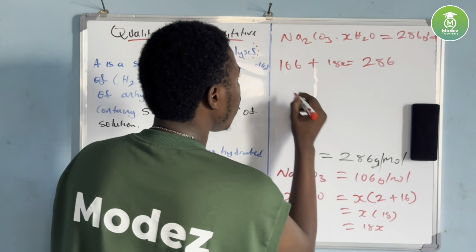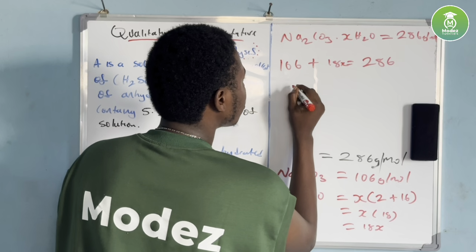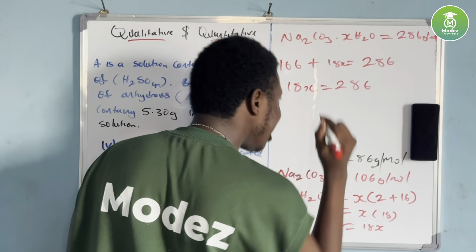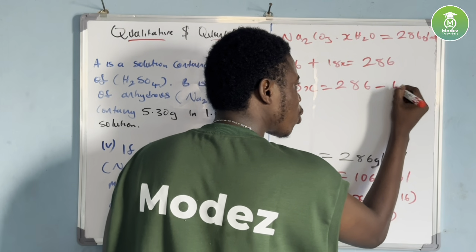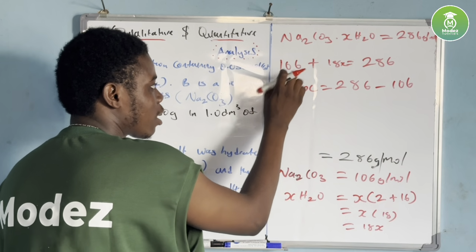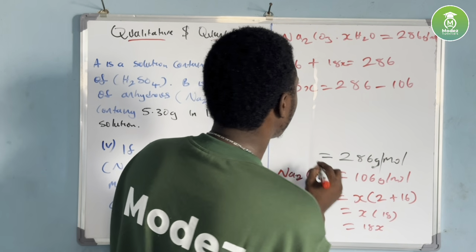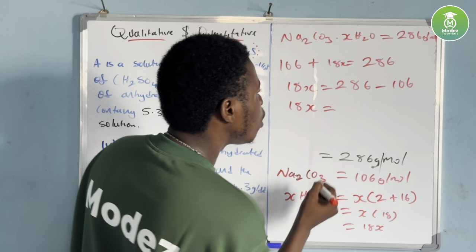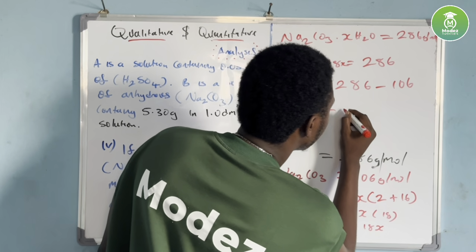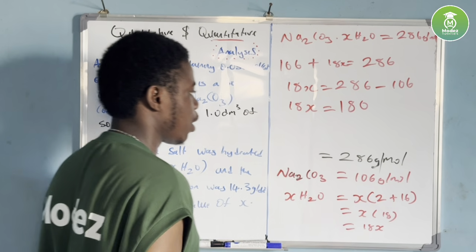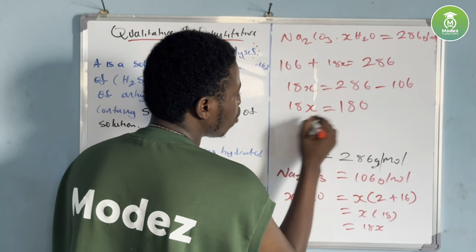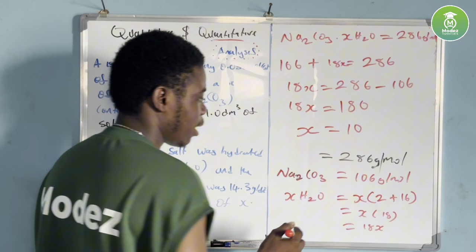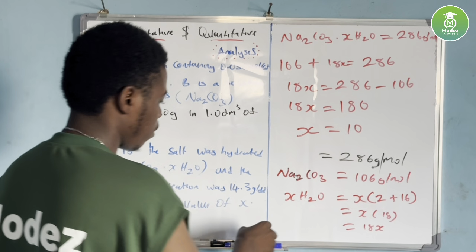Right? So you now have 18x equal to 286 minus 106. Basic mathematics. This one is moving to this side. Then 18x will be equal to 180. Therefore, when you divide through by 18, x will be equal to 10.